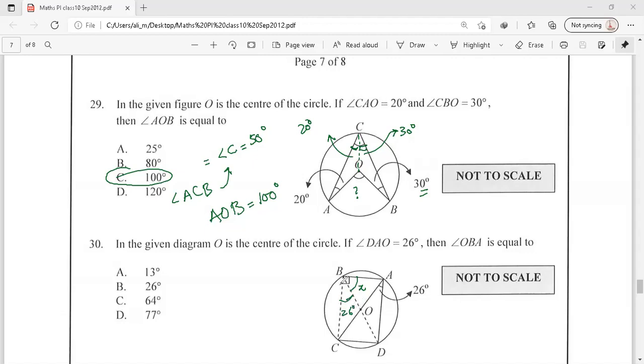Here we have a square drawn. This means that the whole angle B is equal to 90 degrees. So 26 degrees plus x will be equal to 90 degrees. So x will be equal to 90 minus 26, that is 64. So the right answer for the value of x is 64. So option C is the right answer of this question number 30 of this year.